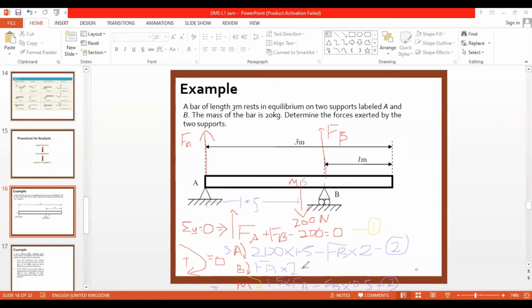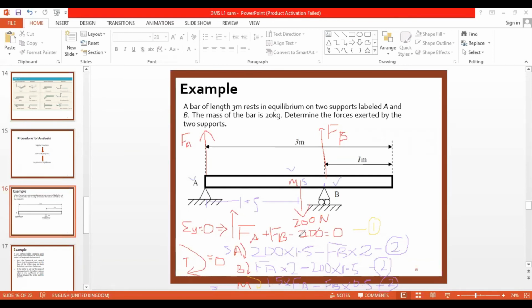So I will put minus 200 into this length 0.5, equal to 0. So that's also a second equation. So you can take moment about any arbitrary point. You can take from A, or you can take from M, or you can take from B.